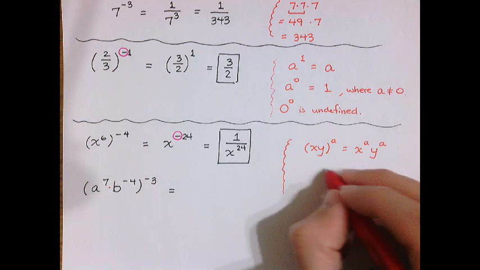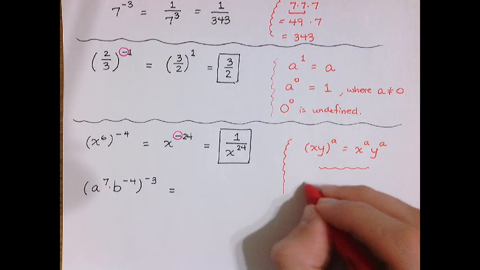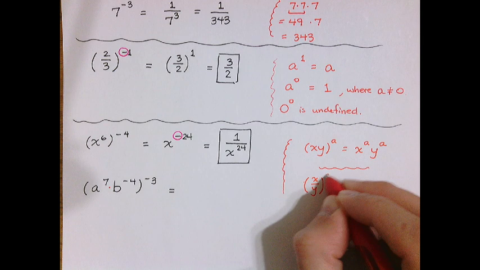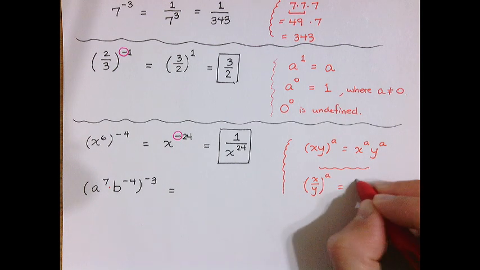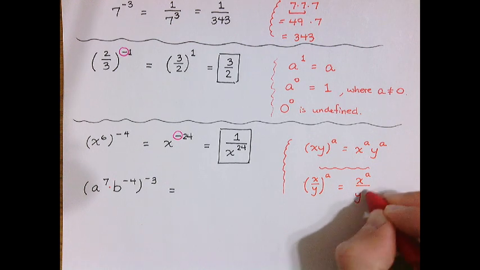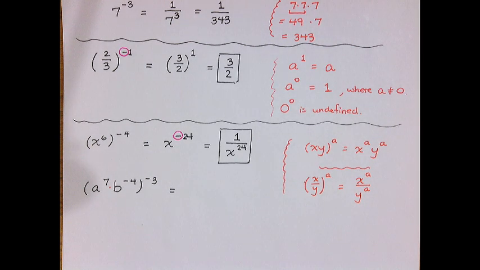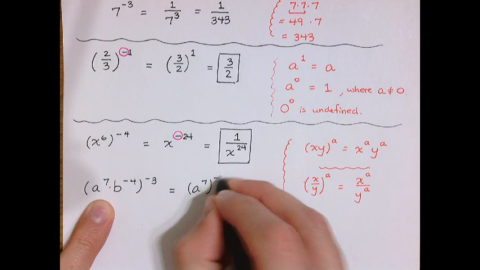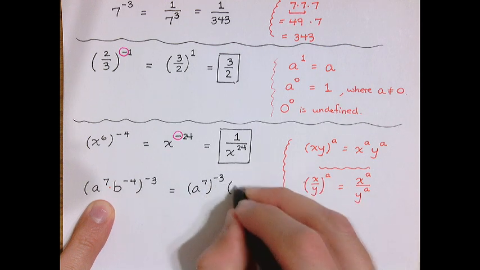And the same thing is also going to work if you have a quotient. So if you have x over y, and the whole thing is raised to the a power, then that power gets applied both to the numerator and to the denominator. So if I look at this guy right here, I'm going to raise each of these factors to the negative 3rd power, like this.